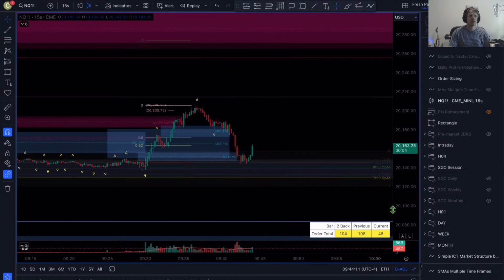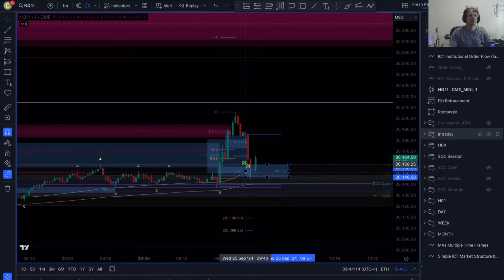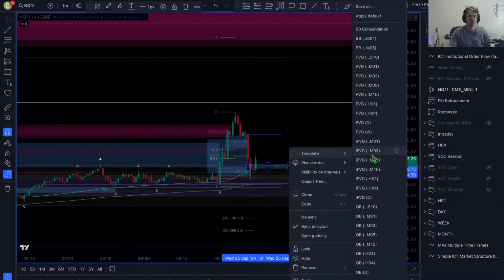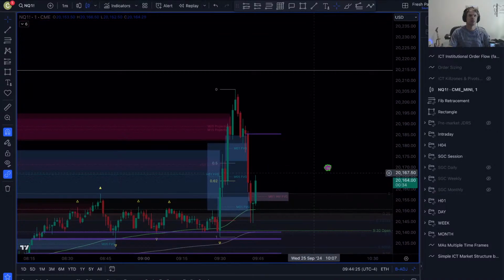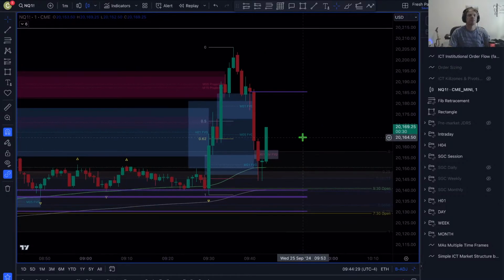So conversely, if we get this inversion here out of this fair value gap, that might be a sign that we could continue this up and that we're trading the manipulation leg to the upside. Right? It's a hold of structure with an inversion if that happens.